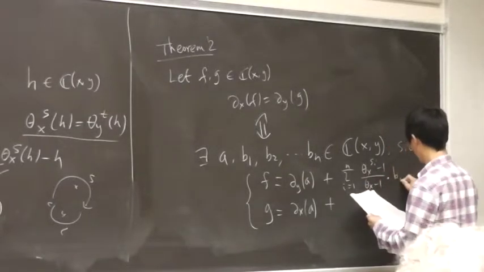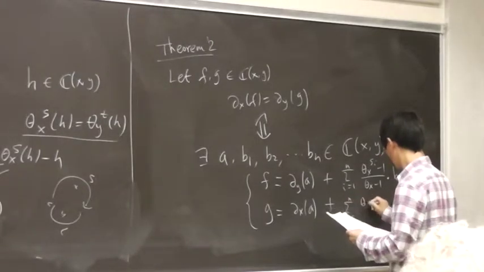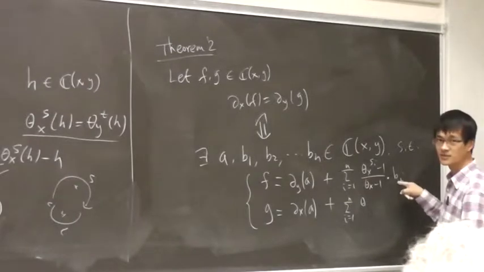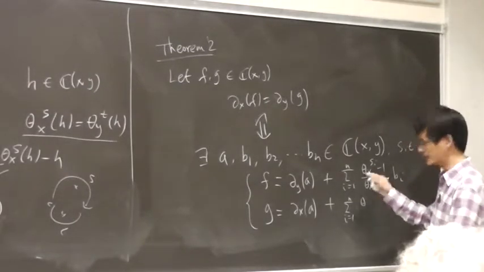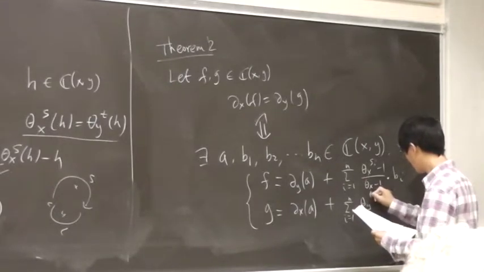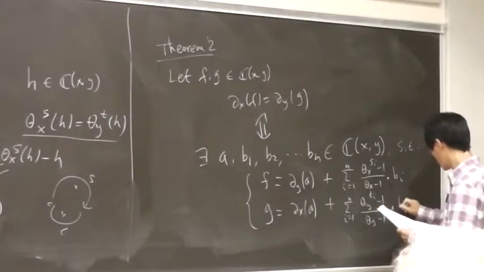Apply to Bi. You don't need to specify C because the constant can be moved into this B, so I don't write the C here. But in the differential case, I write C, though you don't need to. The Ti apply to Bi.